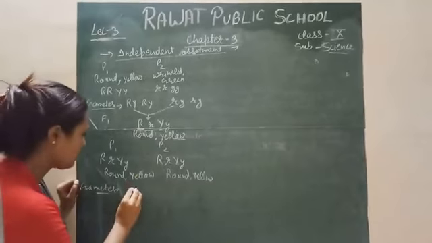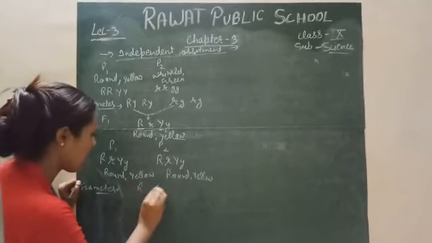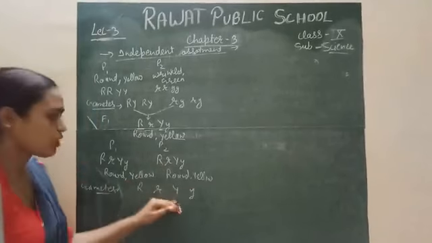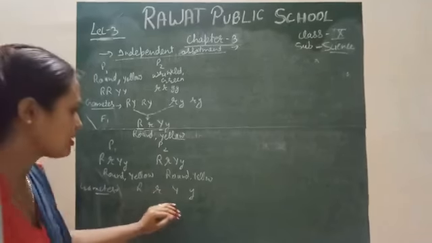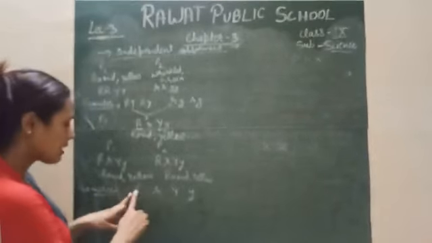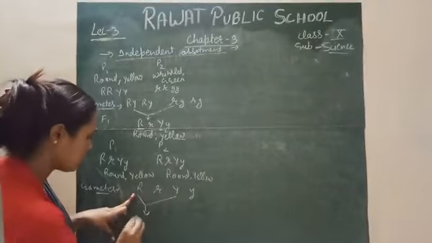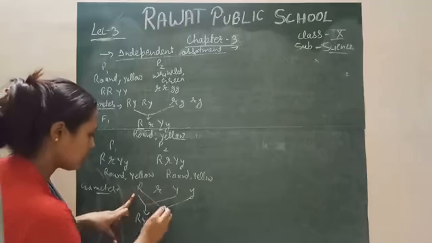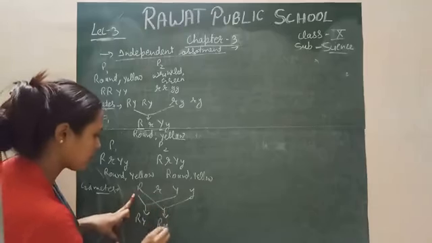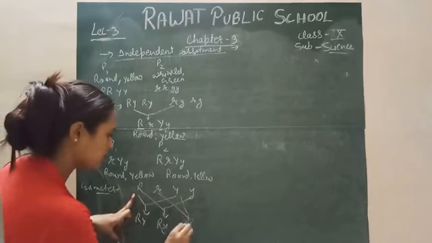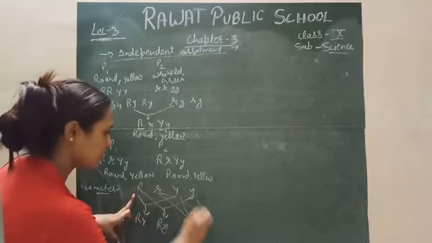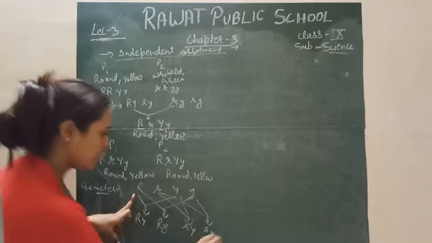For example, I will give you the example R, Y, Y. Okay, we will make a gamete for this. How will we make a gamete? Capital R always makes a pair with capital Y, small r, and small y.